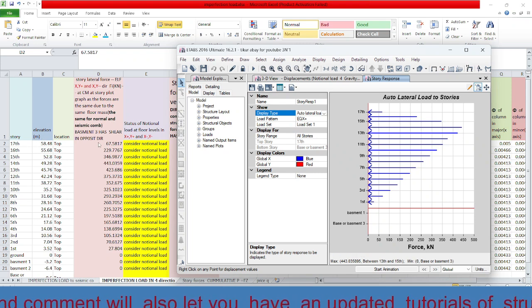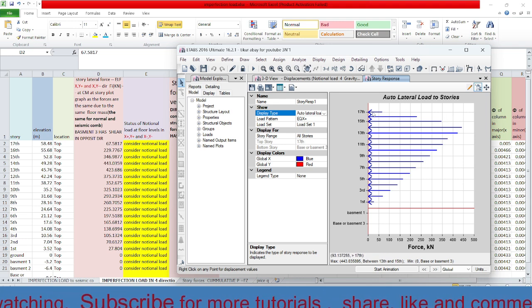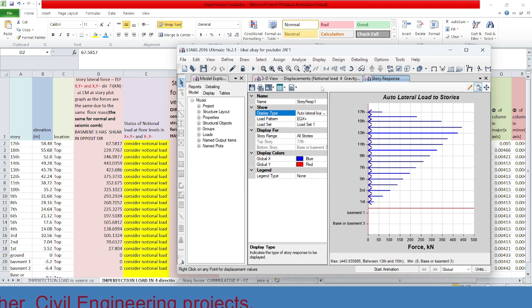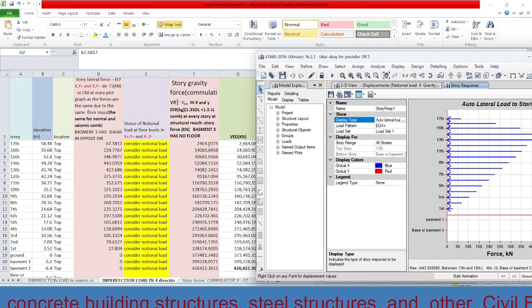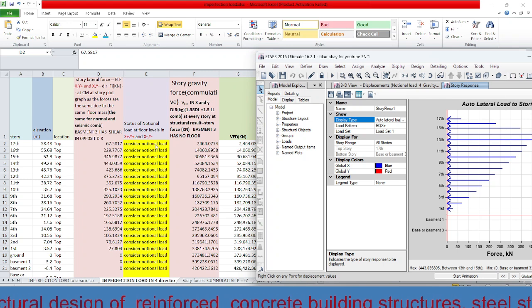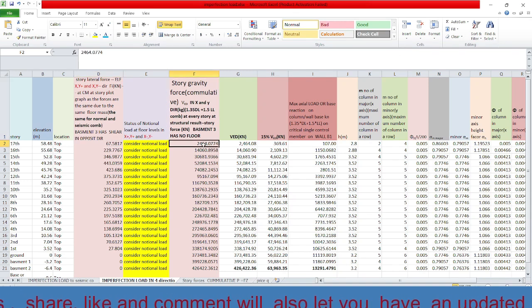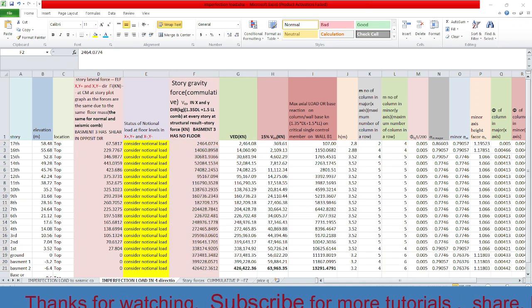The lateral force applied at every level is less than 15% of the gravity load, which is the story gravity load. So in that case, we need to consider the imperfection. The story gravity force can also be calculated from ETABS. So this data can be obtained from ETABS.